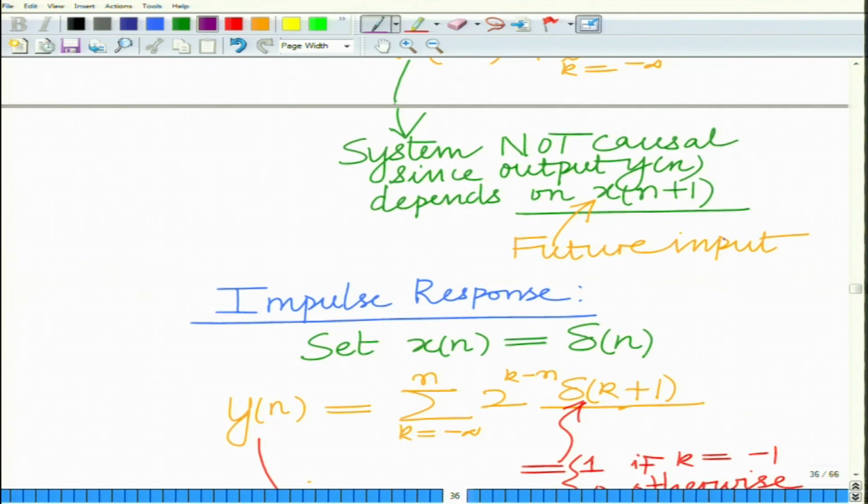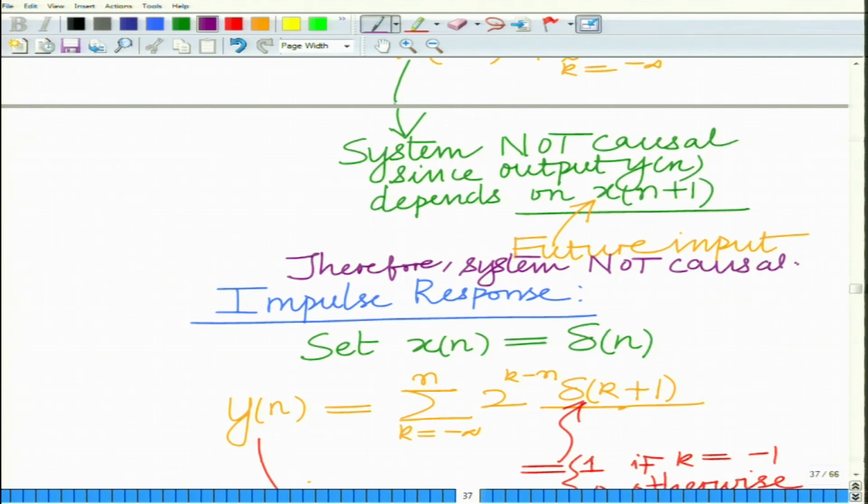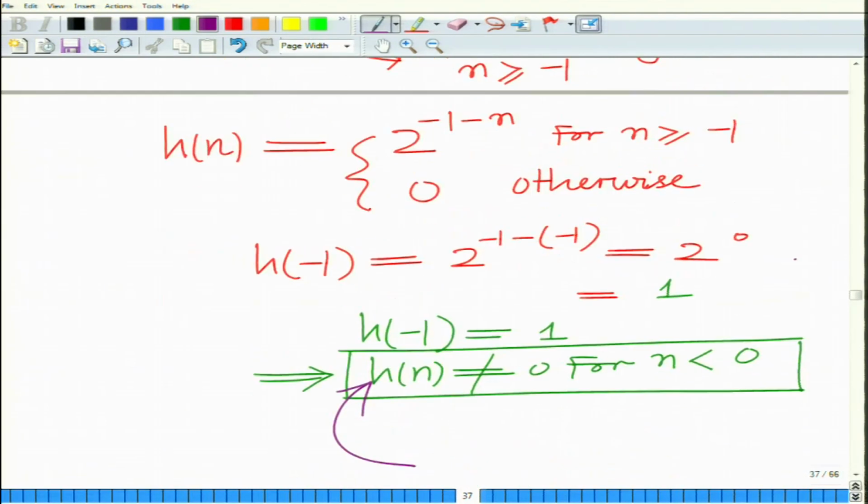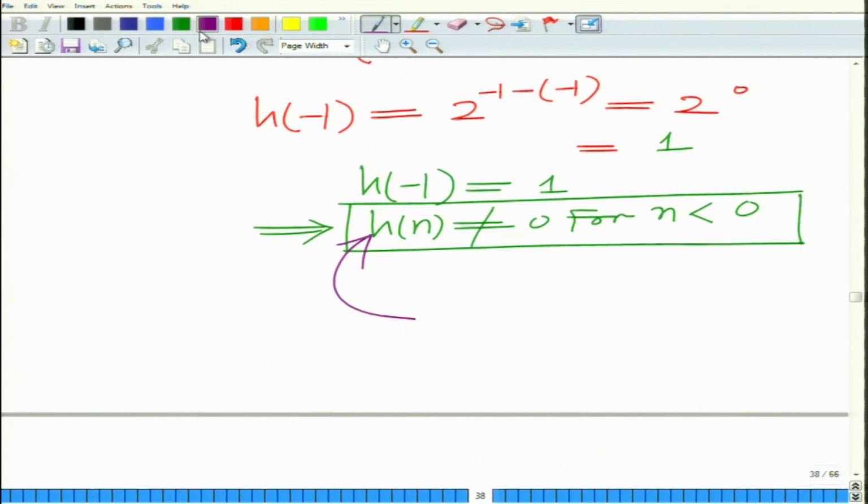So, this depends on future input. Here also we could have said the same thing. Therefore, we can note the same thing here also.